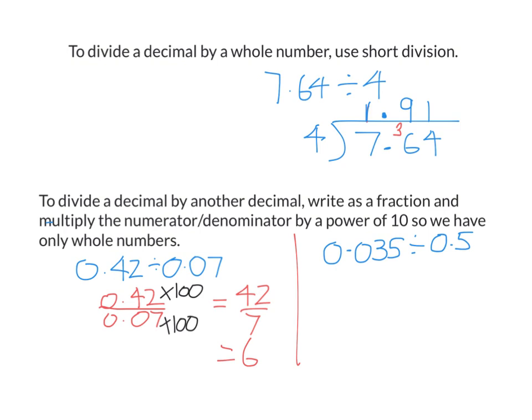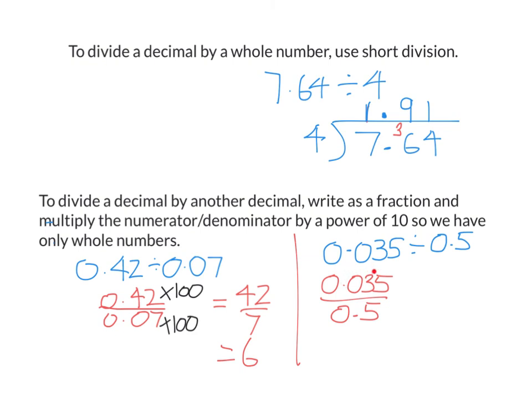I'm going to start by writing it as a fraction. 0.035 divided by 0.5. Now what I want to do, see how this number has 3 numbers after the decimal point, I want to make this a whole number. So what I will need to do is move the decimal point 3 spots to the right.